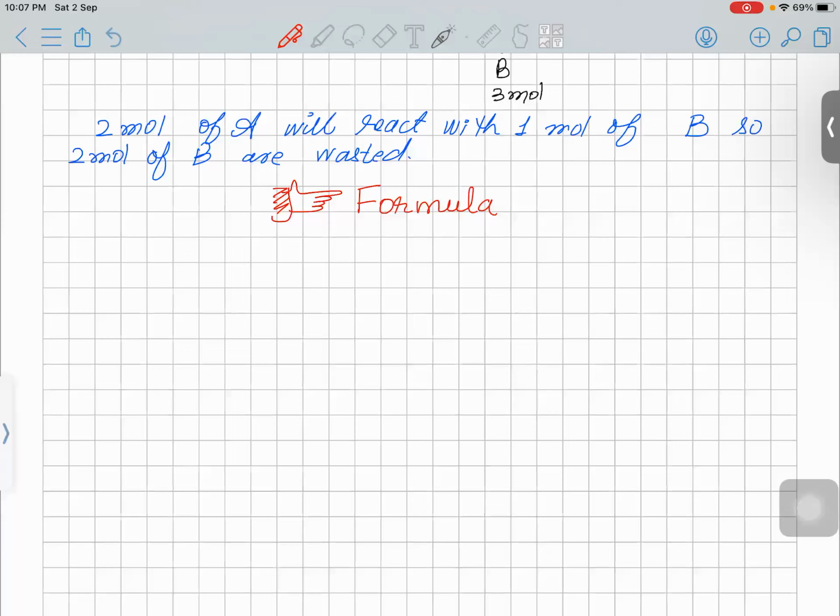Formula means, for example, you have sodium chloride. So, formula is the symbolic form of any chemical, right?